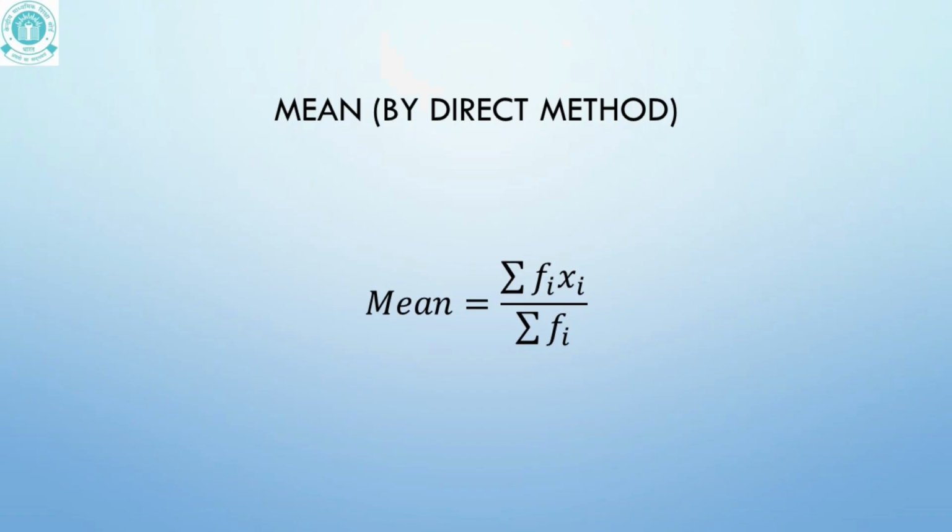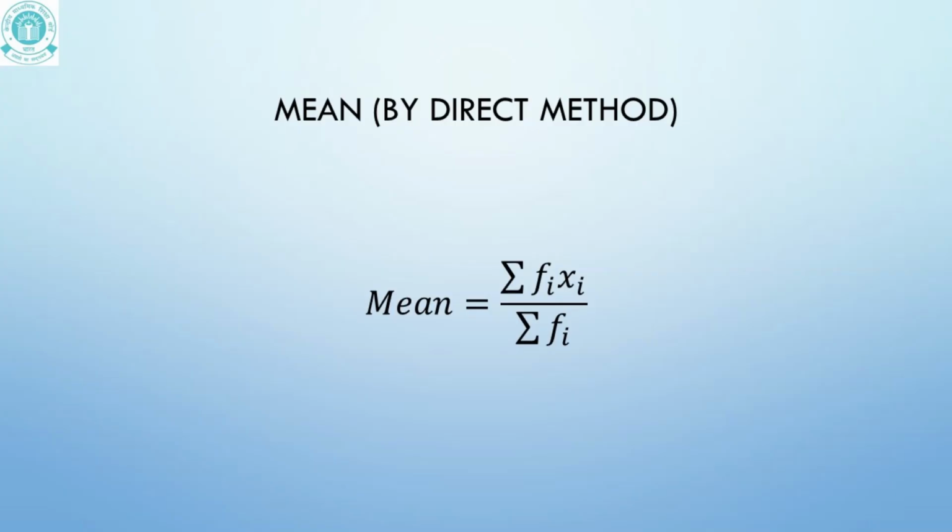After finding the product of frequencies and class marks, the next step is to find the mean. For this, we use the formula mean is equal to summation fi xi divided by summation fi. Here, summation means sum of the specific values.